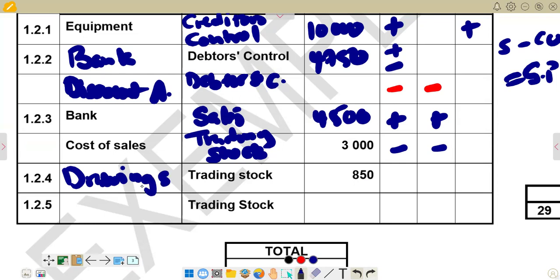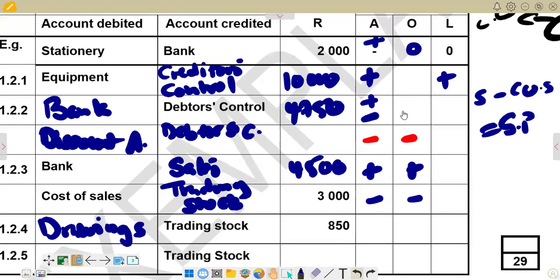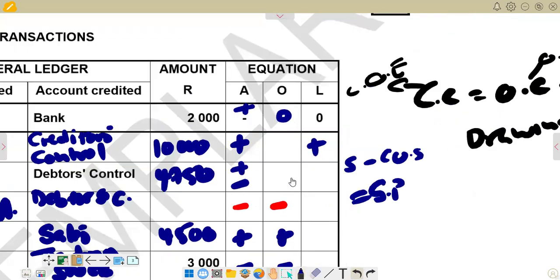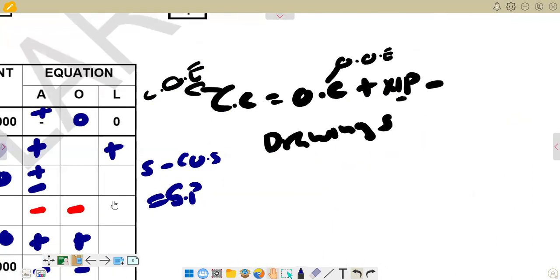So we are saying drawings, and then on the accounting equation, remember we have got assets here. So by debiting drawings, remember on the calculation of our closing capital figure, which is our owner's equity, we put down the formula: opening owner's equity plus our net profit less our drawings. So the drawings reduce the amount of our owner's equity.